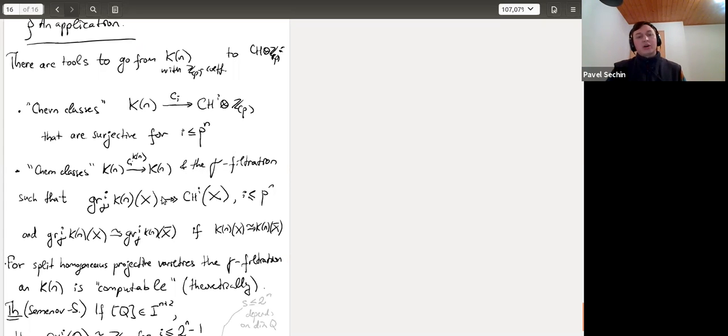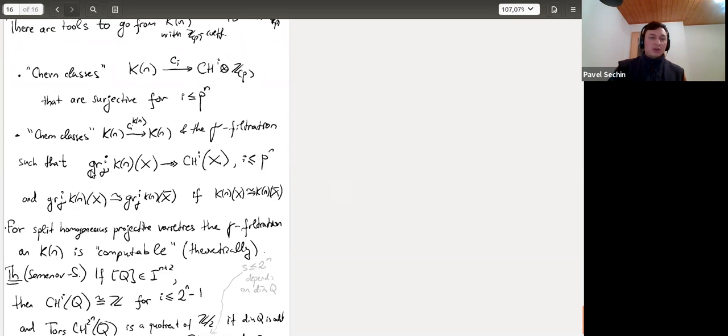Now this gamma filtration has a nice property that the graded factor of it maps surjectively to, again, p-local Chow groups, sorry about that, up to codimension p to the power n, in fact using the same maps. But now this is a map of abelian groups, and if you estimate this one, you can estimate this one.